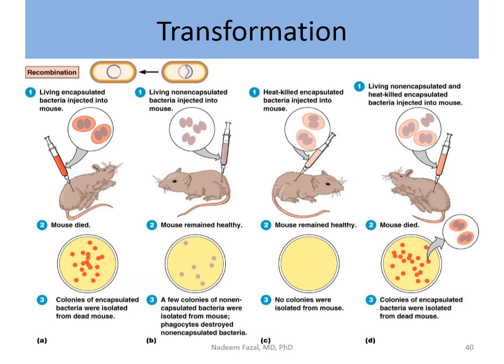So the clever experiment they did was to put both together, living non-capsulated and heat-killed capsulated bacteria, into the mouse, and the mouse died. This shows that in some way the non-capsulated bacteria acquired, or transformed, some information which gave them the capability to cause death.